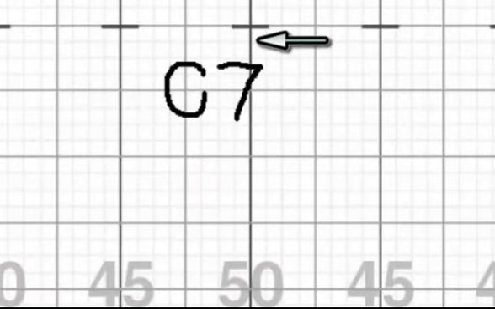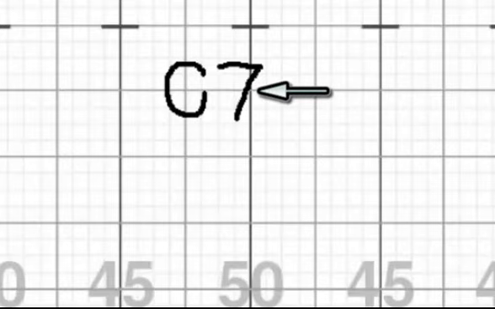We'll count 1, 2, 3, 4 steps in front of the front hash and 1, 2, 3, 4 steps outside the 50 towards side 1, or splitting the side 1 45 and 50.